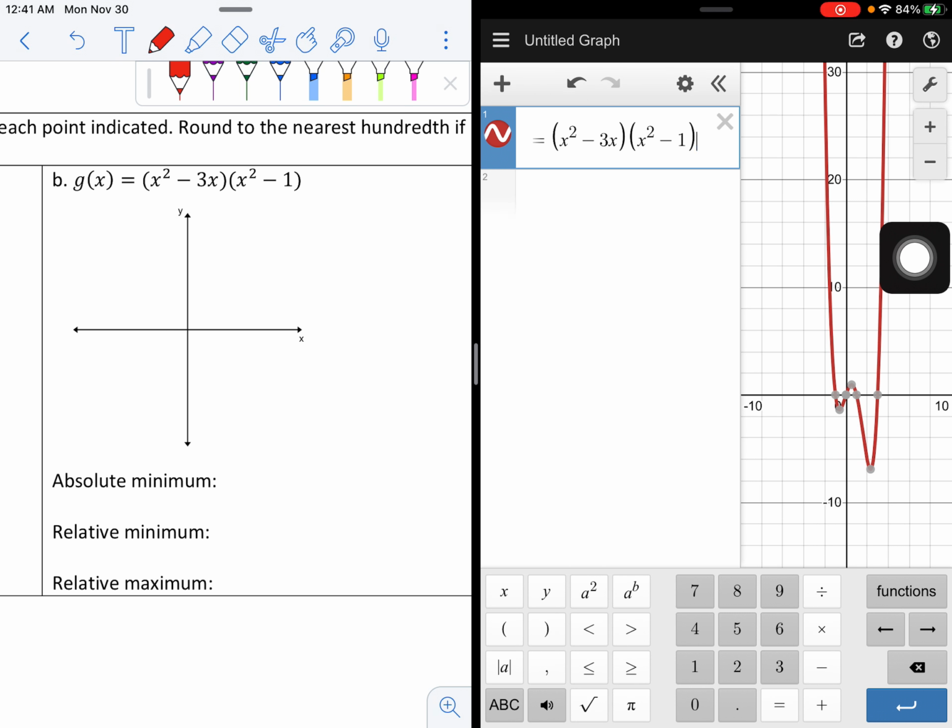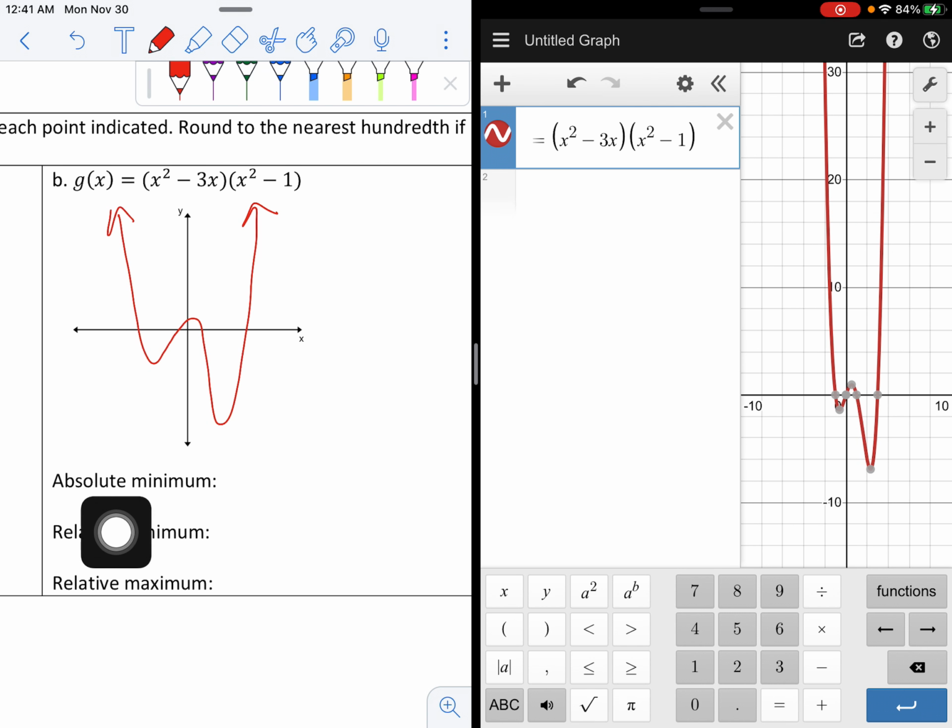I'm going to take a second and just draw a pretty little picture. It's a sketch, so it doesn't have to be perfect. Just kind of make it close. Okay. All right. So you are asked for some specific information here. The absolute minimum. So I want to find the absolute lowest point that this graph ever gets to.